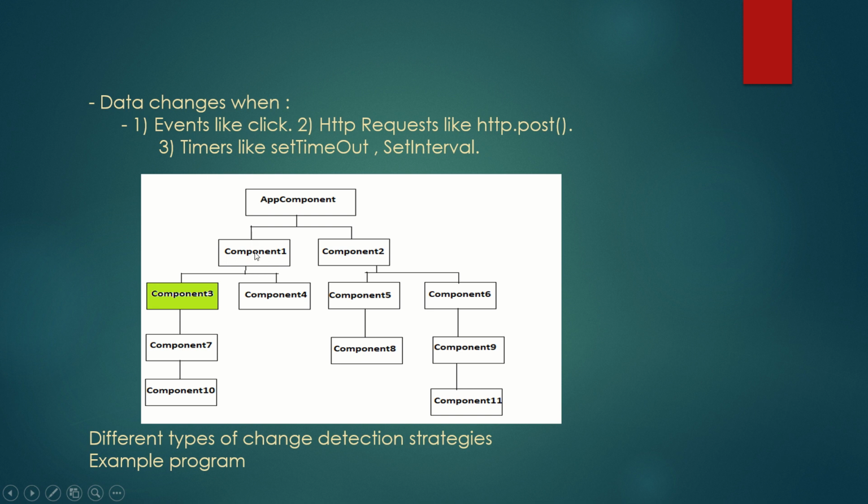If some properties are changed within the object of component 1, then this change detection process does not run through these 3, 7 and 10. In some particular scenarios, if you have a requirement like this, you can use the OnPush strategy.